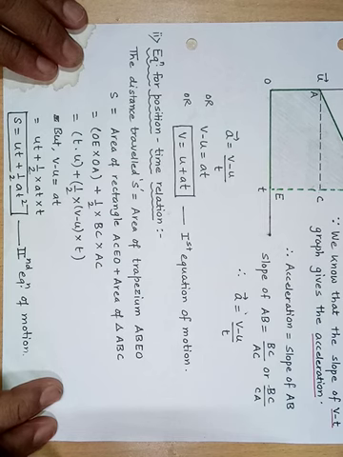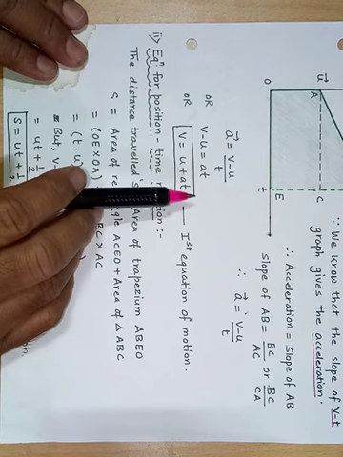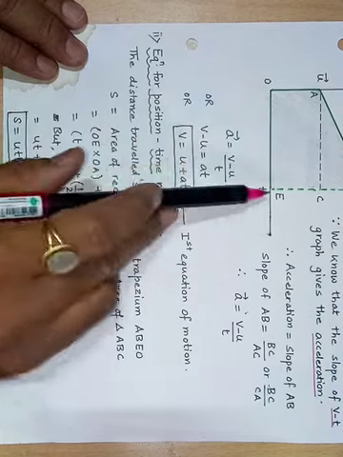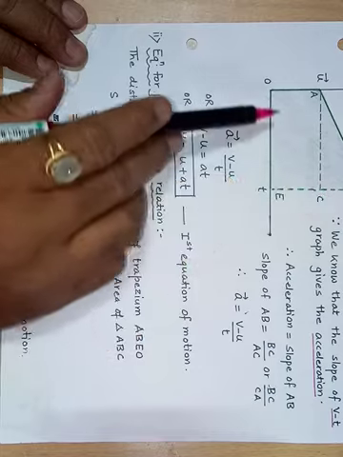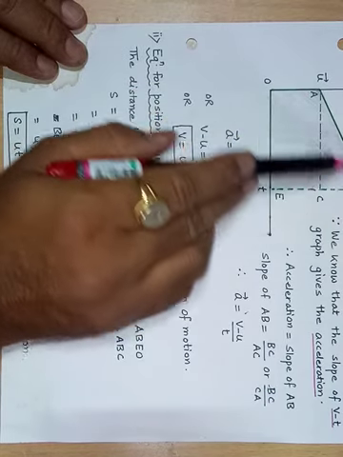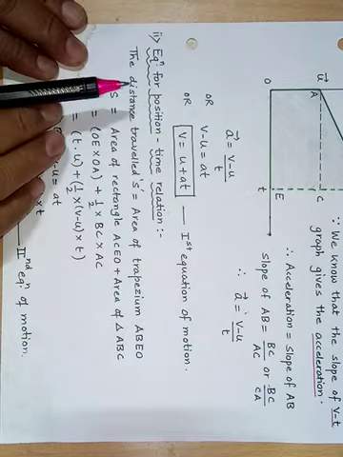Let us try to calculate the second equation of motion with the help of graphical representation. For the second equation of motion I will also require the same graph. The same situation is there. Imagine that the object is moving and has this velocity curve, AB.